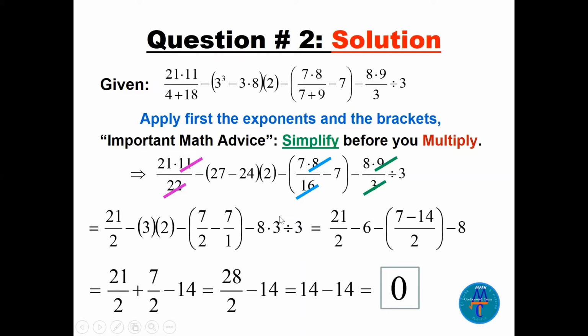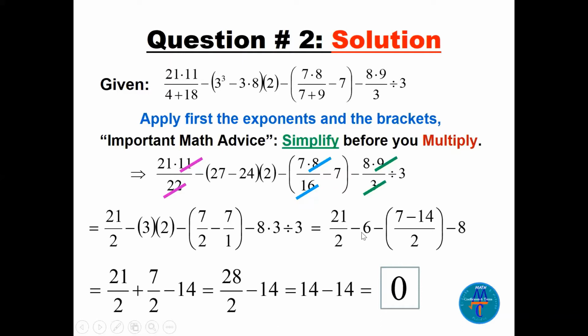Now, let's proceed now. 21 over 2 minus 27 minus 24, 3 times 2, which becomes here minus 6. 7 over 2, this one here, remember, divide by 8, up and down. Simplify, cancel by 8, 7 over 2 minus 7. See, this one we have to make LCD in the bracket, 2 and 2, so it will be 7 minus 14 over 2, which is minus 7 over 2, and there is a minus outside, it becomes plus 7 over 2.